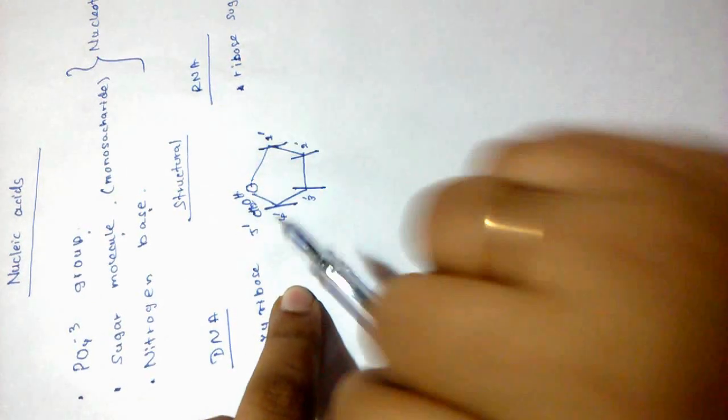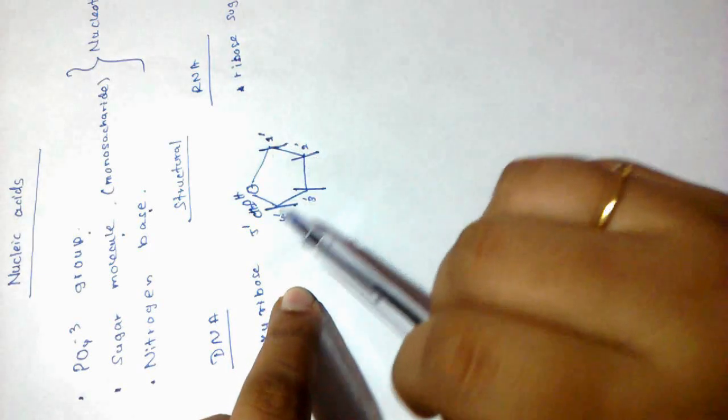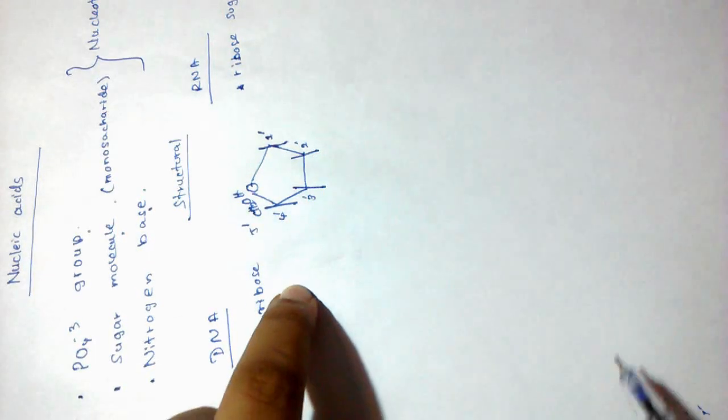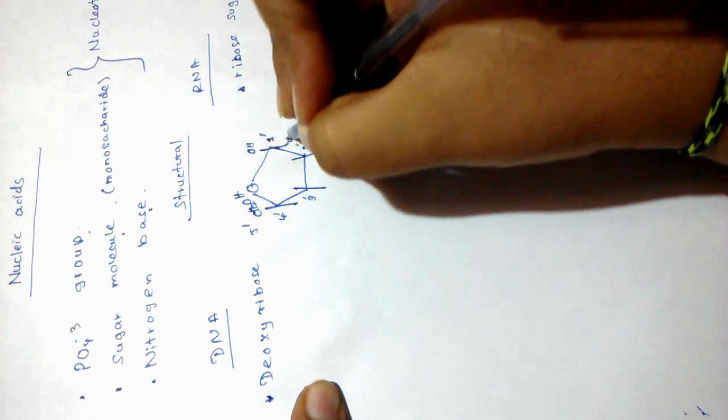So, this is the first carbon, second carbon, third carbon, fourth and fifth carbon. Here the OH can be upward or downward, it's okay.